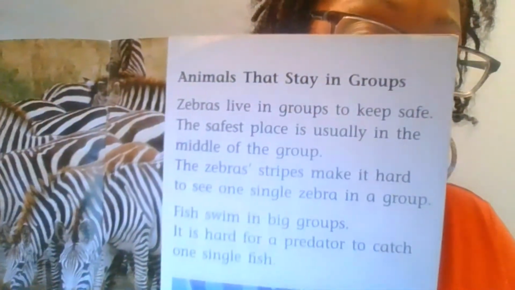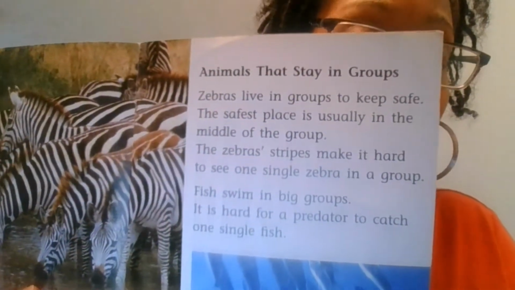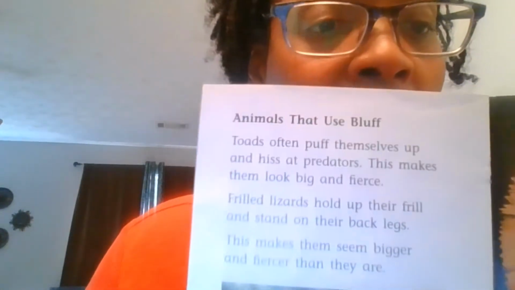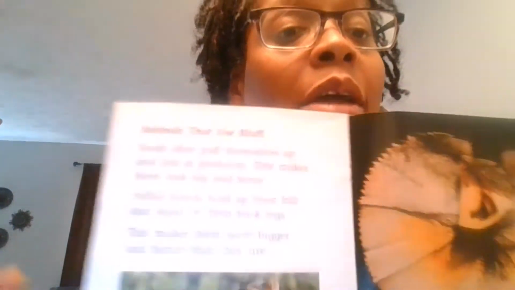This heading says animals that stay in groups. This one says animals that use bluff. All right, so Miss Lee is going to read and see can we identify the main idea using some of the strategies that we've learned.